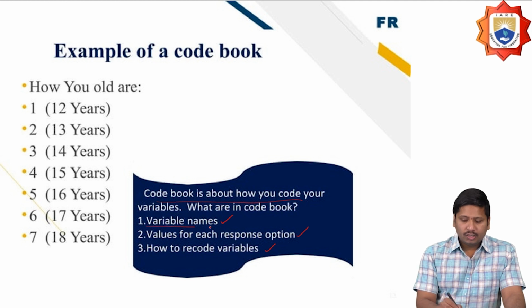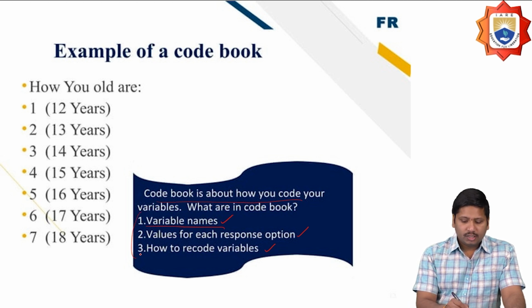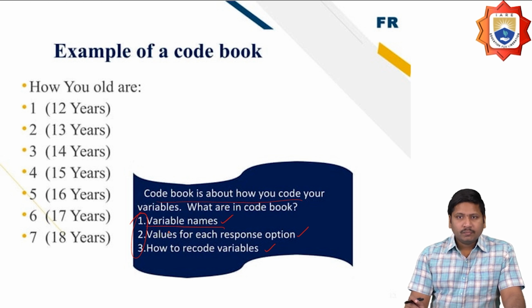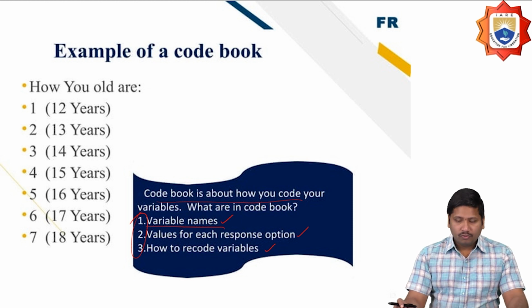So in the codebook itself, we can identify the variable names that are available, the values that are needed for each response, and how to recode the variables. These three things are available in the codebook. Okay, so like this we can define the codebook here.